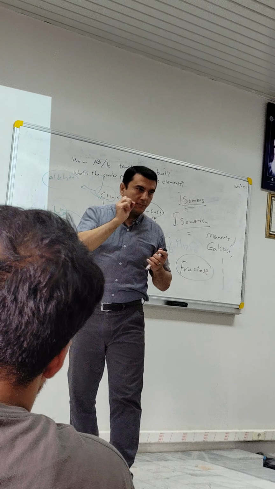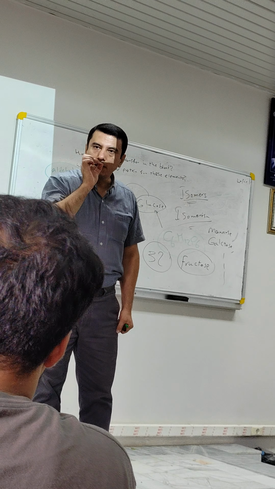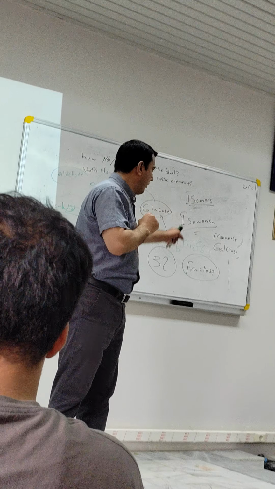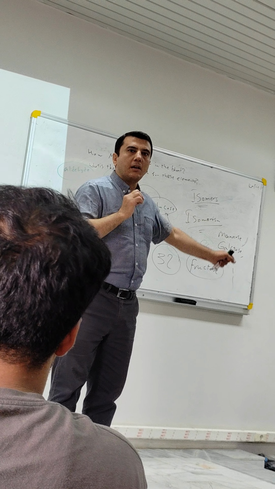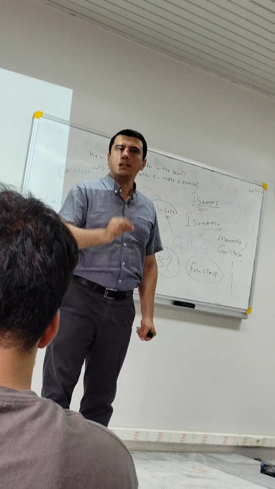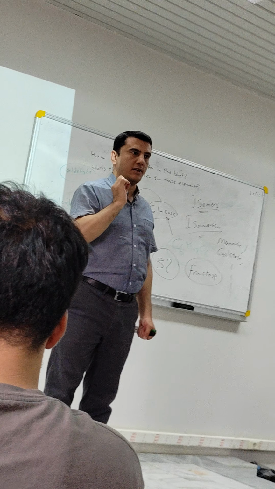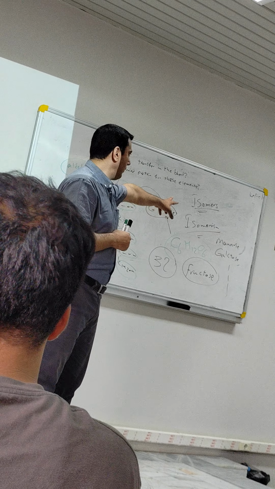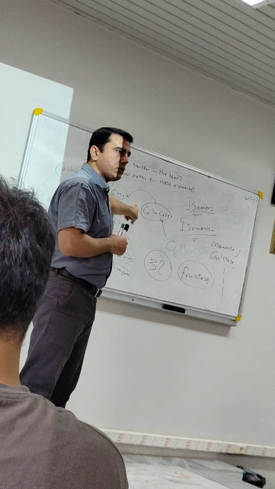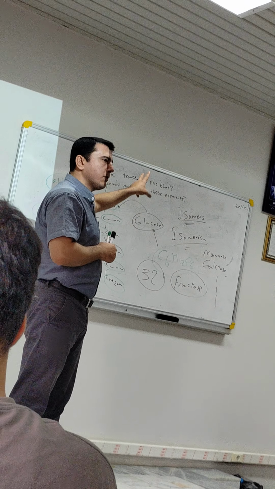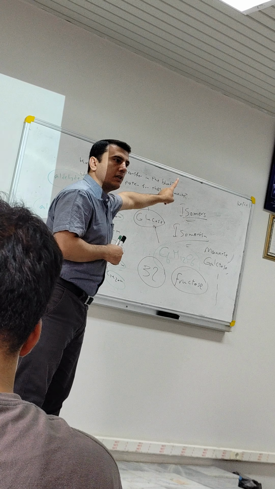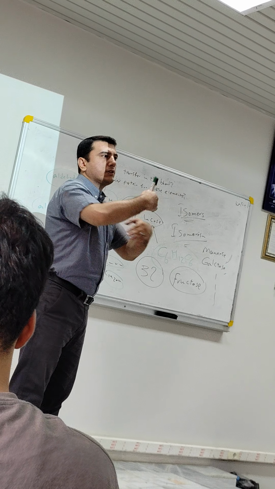So, isomers are molecules that have the same formula but different structures, like C6H12O6, which is a formula standard for glucose, mannose, galactose, fructose, and so on.